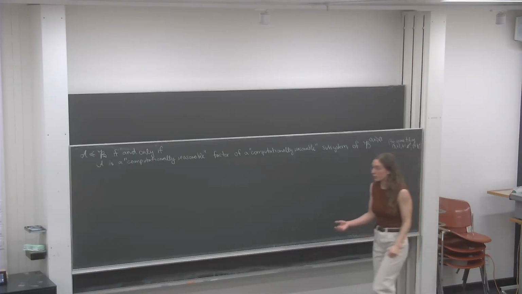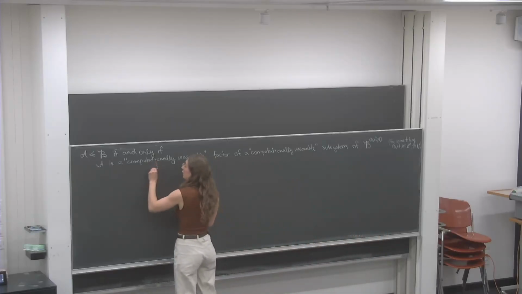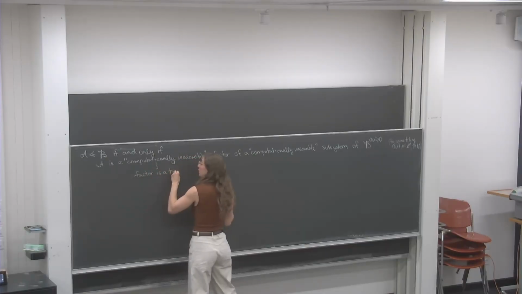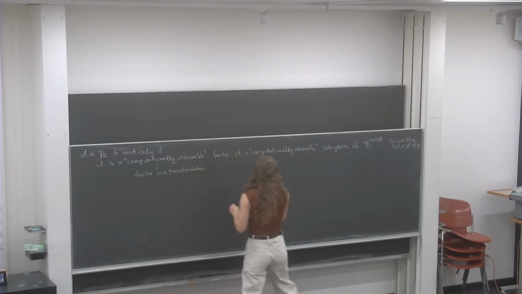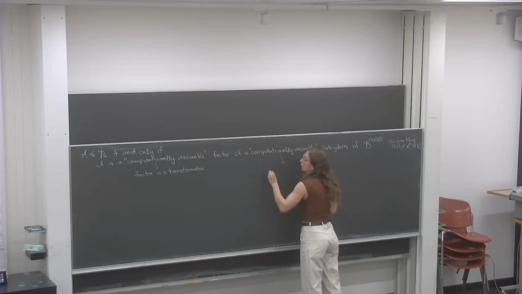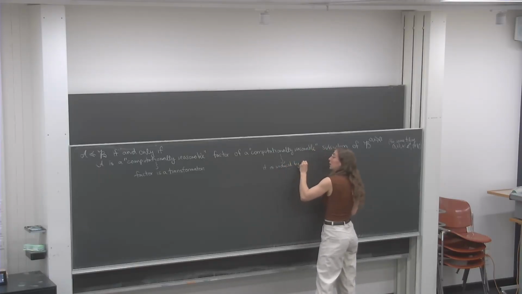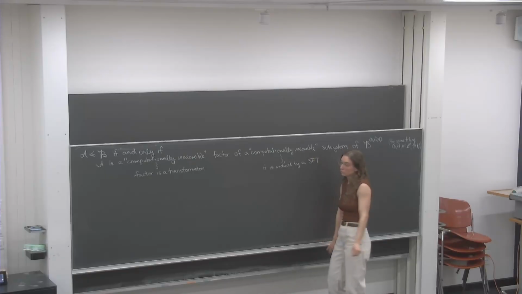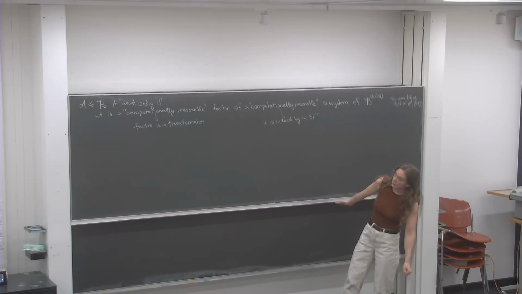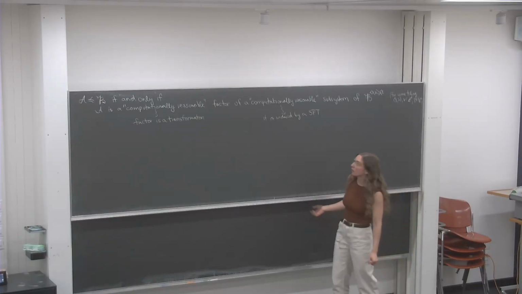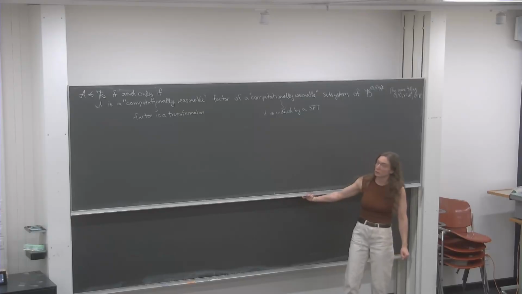And what does computationally reasonable mean? So this means the factor is a cellular transformation, and the subsystem is induced by a subshift of finite type. So now you have a lot of perspectives on how you can look at global simulation.